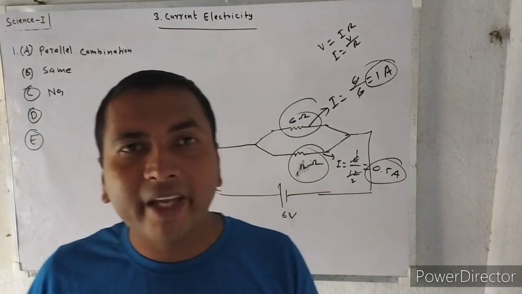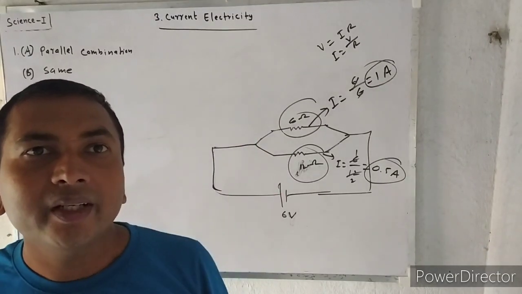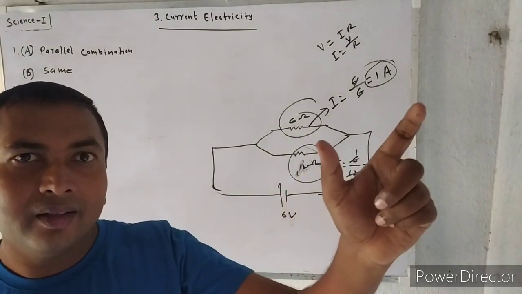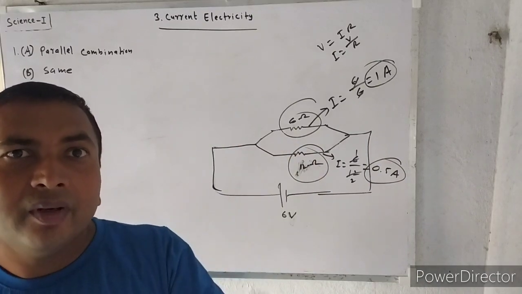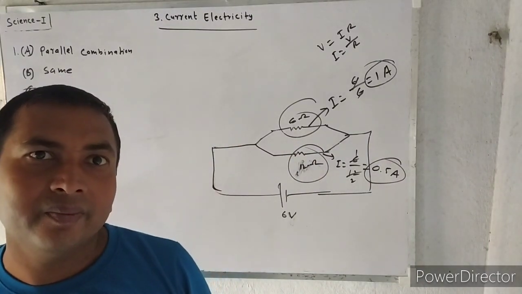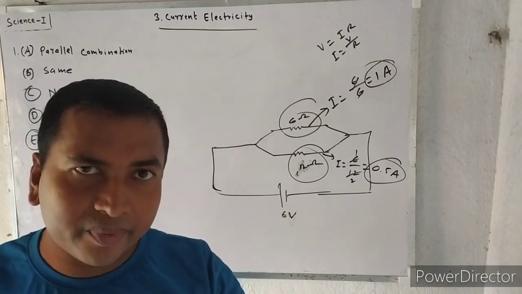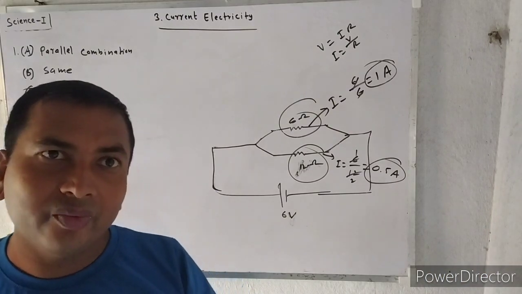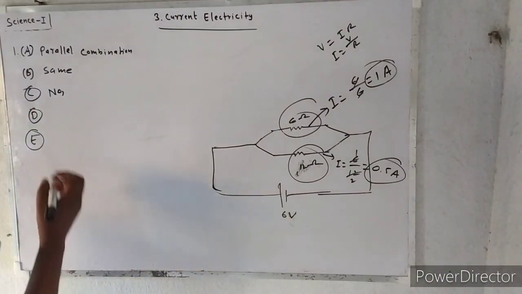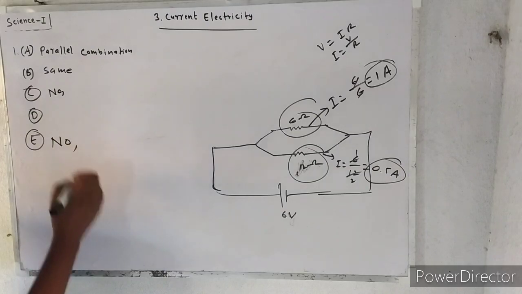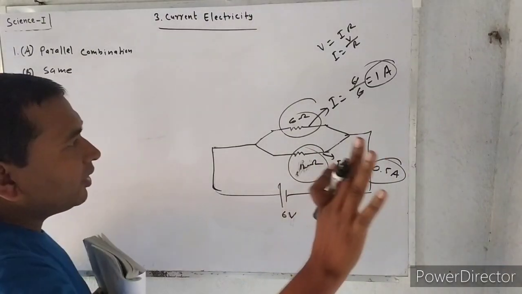Suppose in your home the TV stops working, at the same time the fan also stops, the refrigerator also stops? No. The answer will be no. Reason? Just think. You will write the reason.